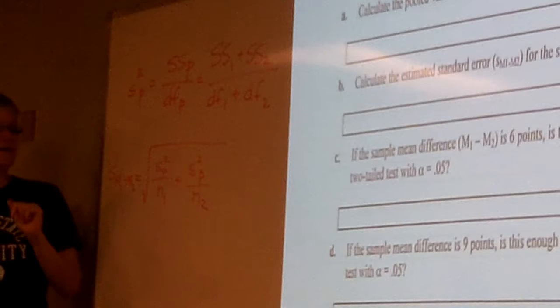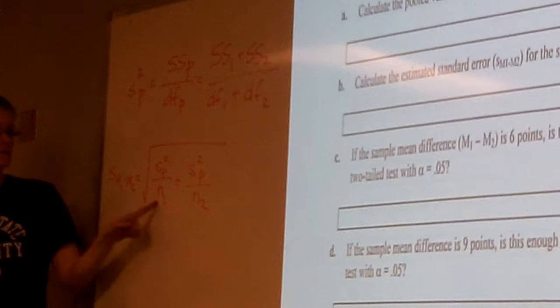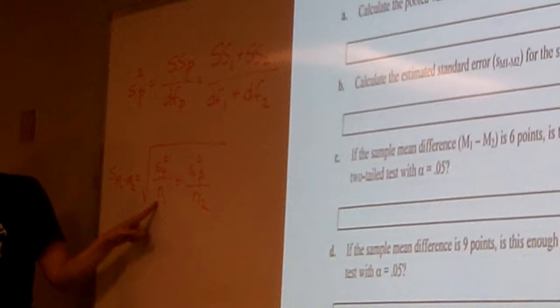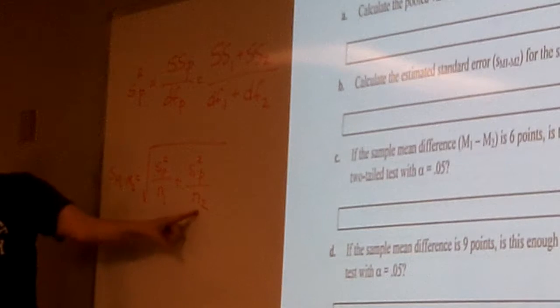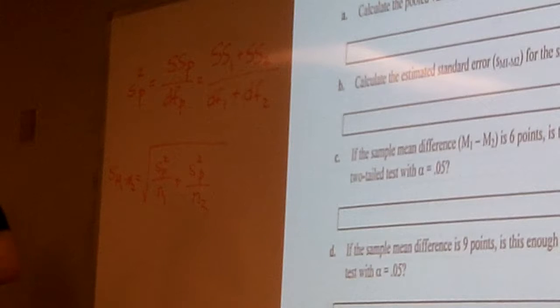So you can plug 24 into that slot for both cases. For N1, N is 4. For N2, it's 8. So what do you get for the estimated standard error? 3. Good.